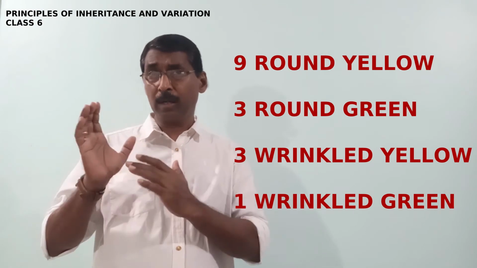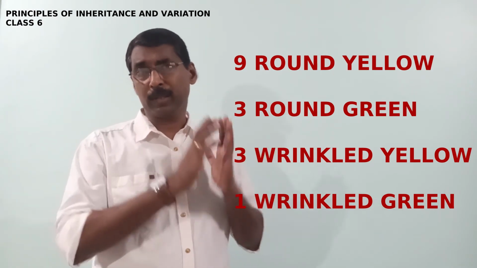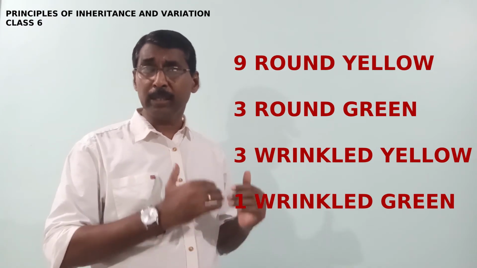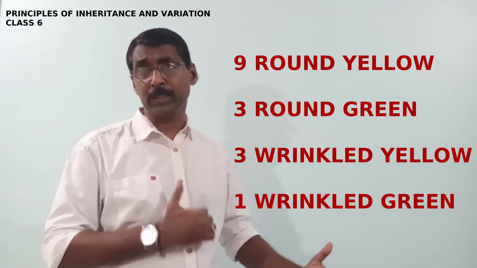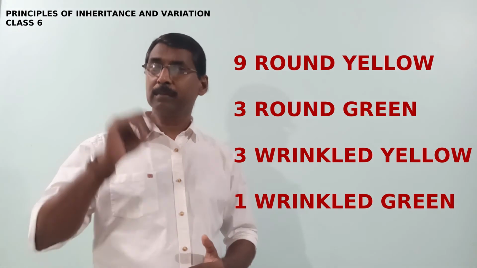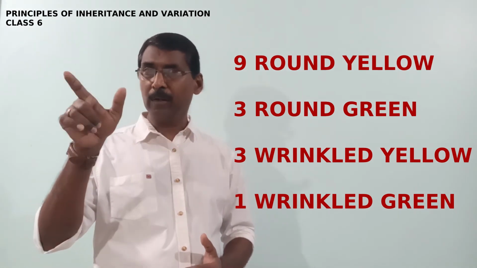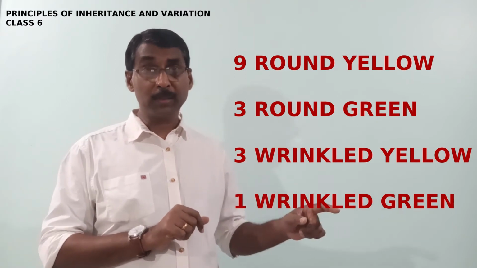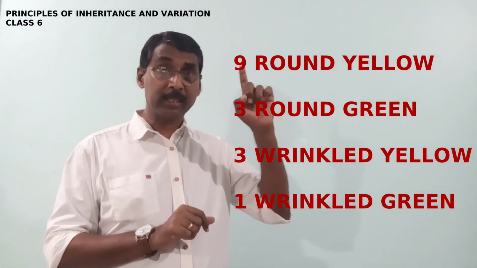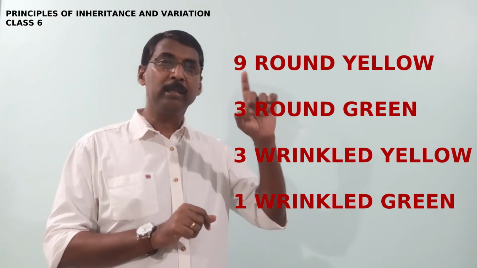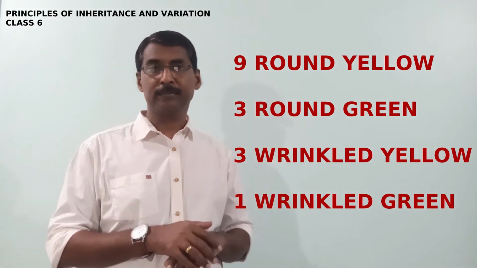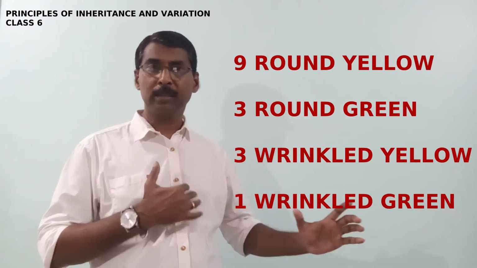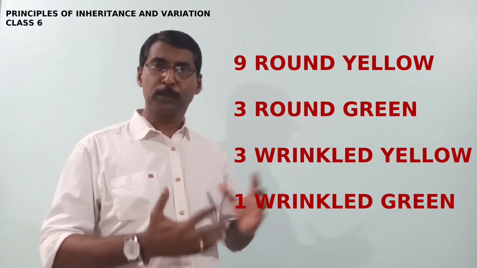So in the dihybrid cross, when he got the 9:3:3:1 ratio, 9 plants were round yellow, just like one parent, and 1 plant was just like the other parent, wrinkled green. So just like the grandparents, they got the F2 progeny.